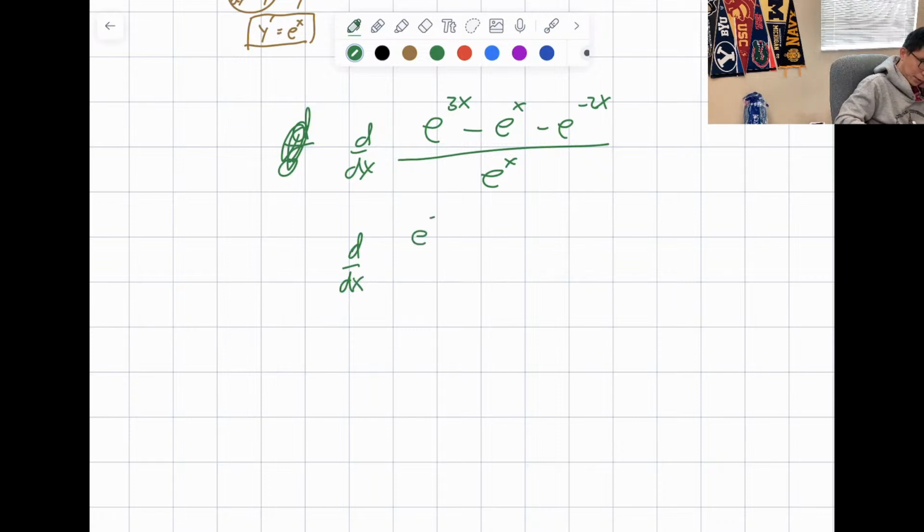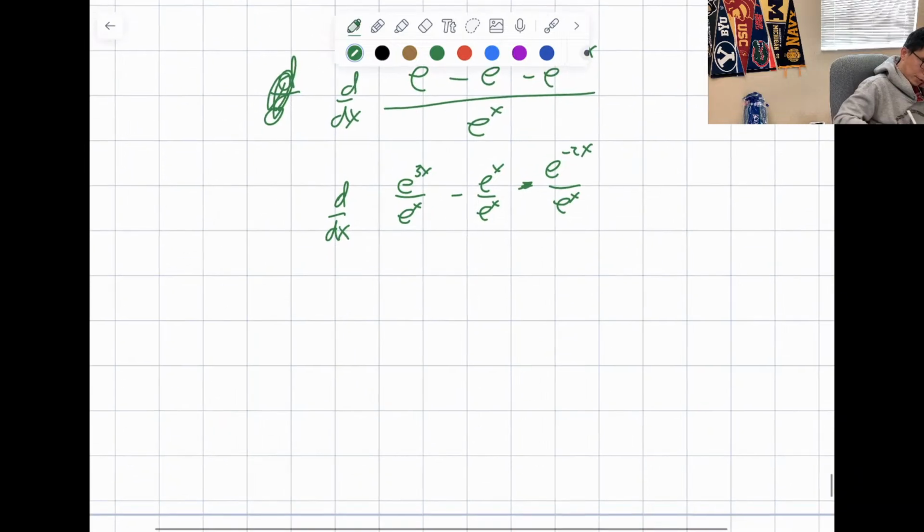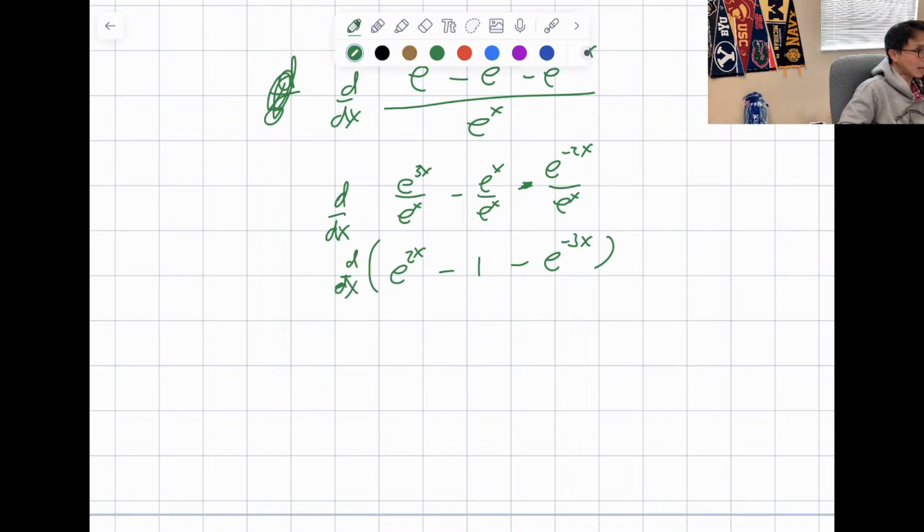E to the 3x over e to the x. That means what? So that's going to be e to the 2x minus e to the negative 3x, because top minus bottom. But I haven't taken the derivative yet. I just simplified it. That's not called a derivative. I'm going to simplify it.